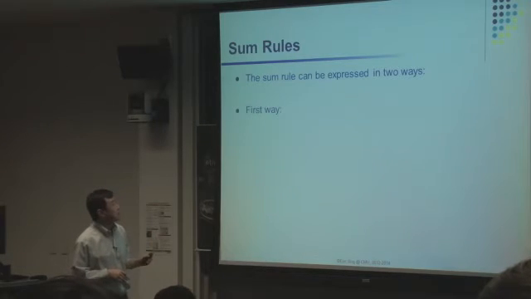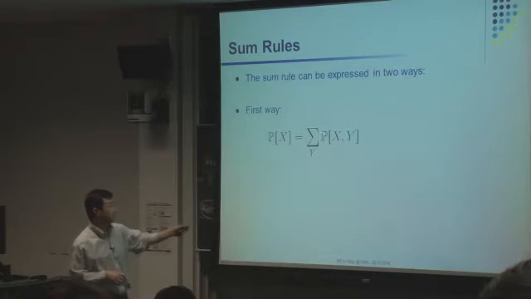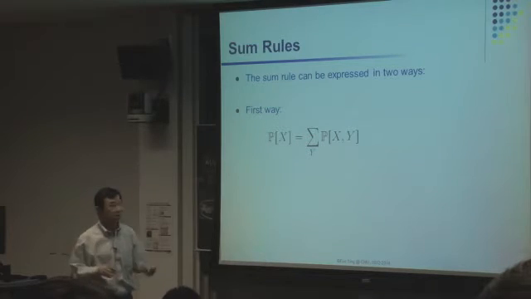So let's take a closer look at the sum rules. Again, there are different sum rules, right? One is this summation, as by definition, over a two-variate distribution.